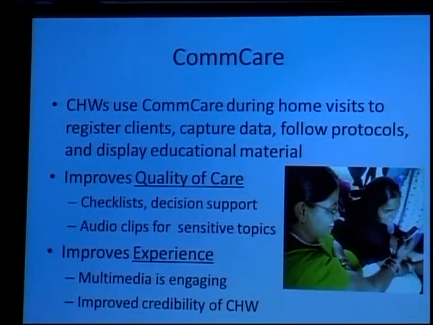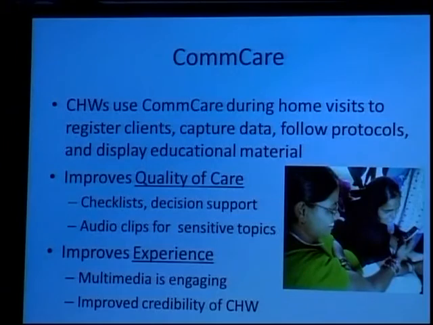For sensitive topics, you can have the audio clips to broach them. Some people are still going to be unhappy to play those sensitive topics about HIV, or feel they don't have the training to answer questions on it. So there's no perfect solution, but it helps.